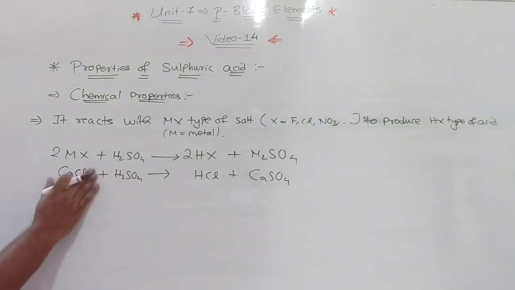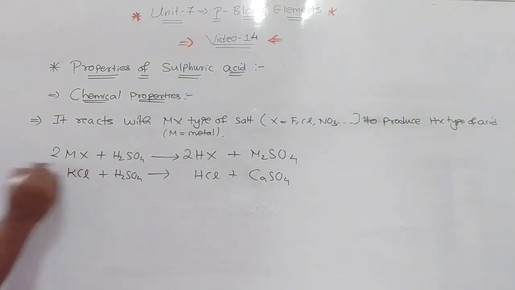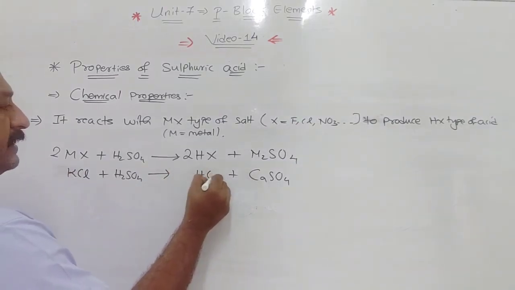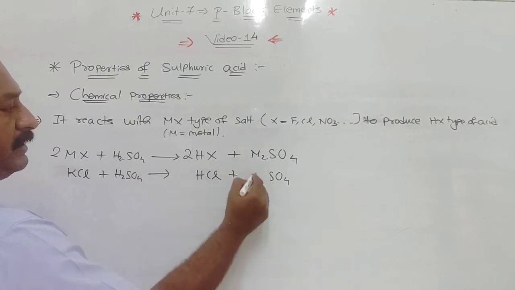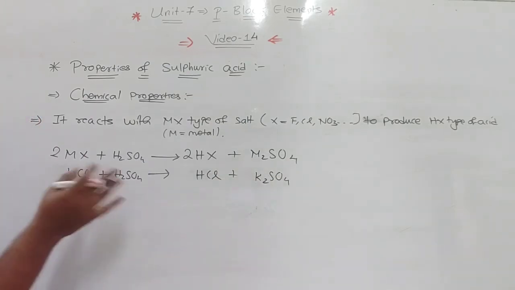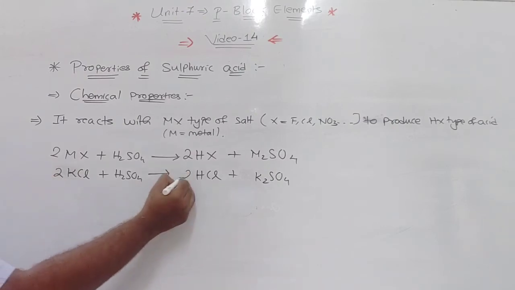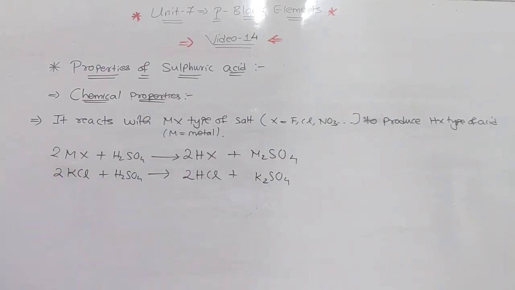If I take KCl instead, then it will be HCl, and here it will be K2SO4. Like this, I think it will be easier for you to understand. Balance it. This is just a general form that is given, you can write it down.